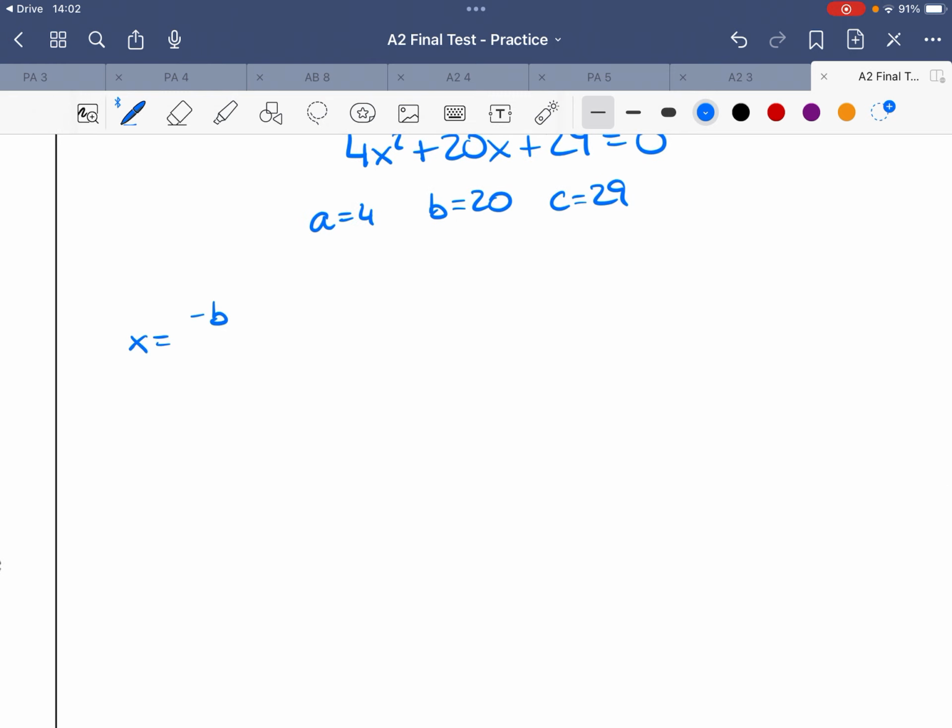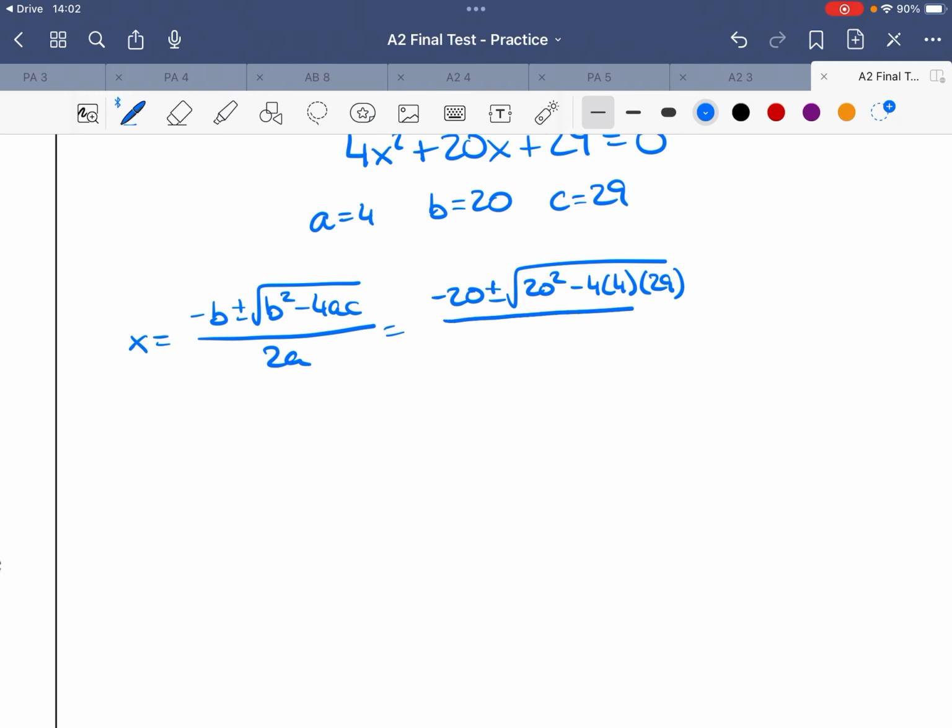Now we can write the quadratic formula. I like writing it every single time because that's how I help stick it in the memory. So negative b is going to be negative 20 plus or minus the square root of 20 squared minus 4ac, all over 2a.